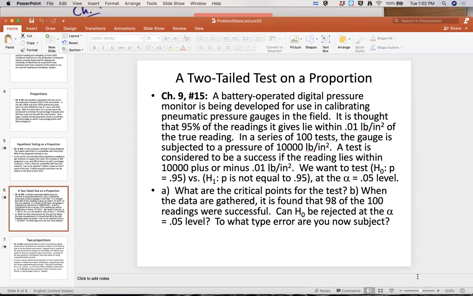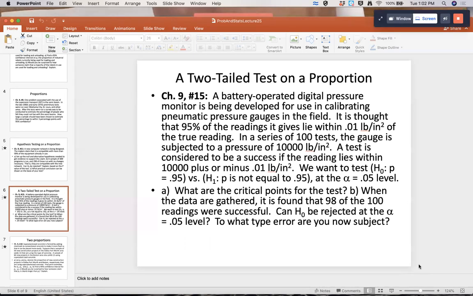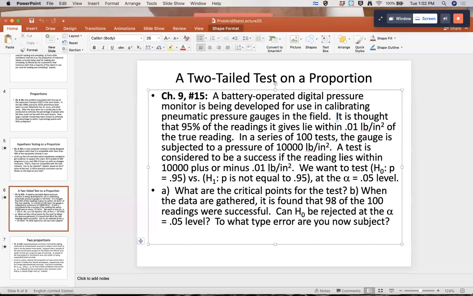We want to test P equals 0.95 versus P is not equal to 0.95. When I first typed this, I could not get the not equal sign in there. At the 5% level. So you just thought that 95% of the readings lie within 0.01.